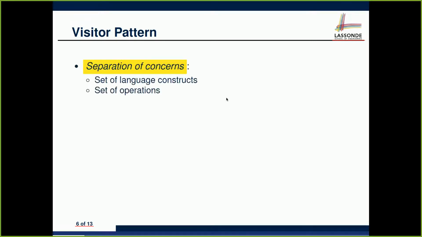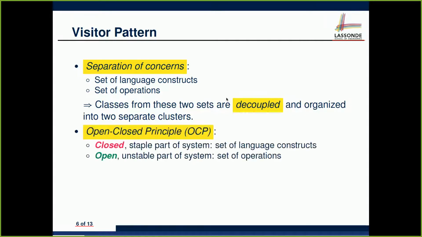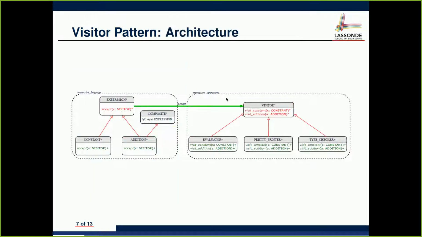For the visitor pattern, we'll go over the textual description next time, and then we'll see how exactly we can satisfy the open-closed principle next time. But now, this will be the architecture for the visitor pattern.